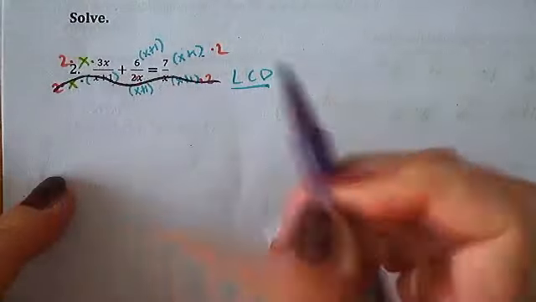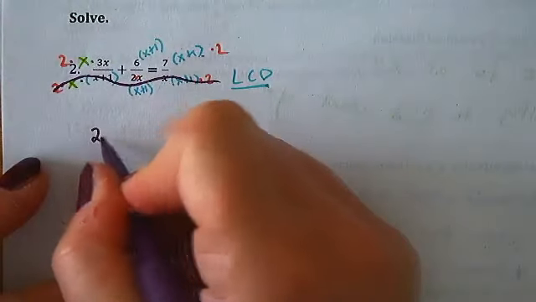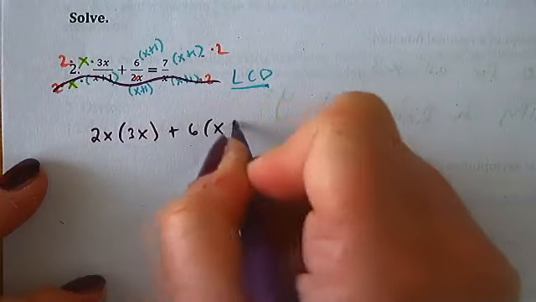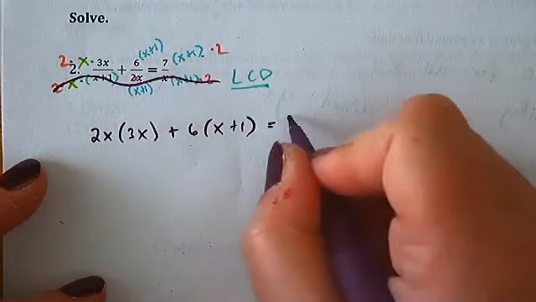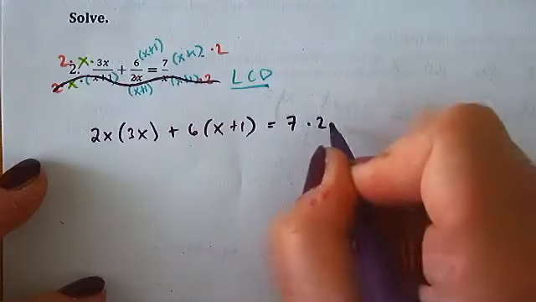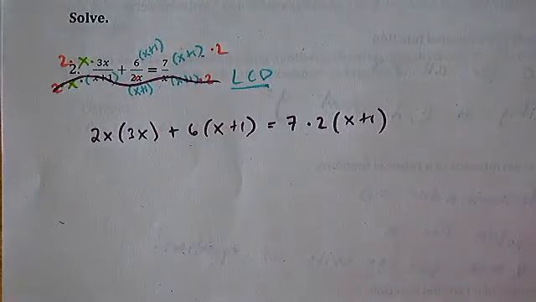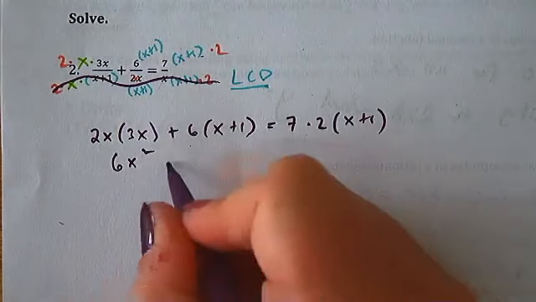We get rid of the fraction. All denominators cancel out, so we're only working with the numerators. Super nice. So this is 2x times 3x plus 6 times x plus 1. That's this guy, and that's equal to 7 times 2 times x plus 1. Then I can go ahead and simplify all of this out. So this is 6x squared.